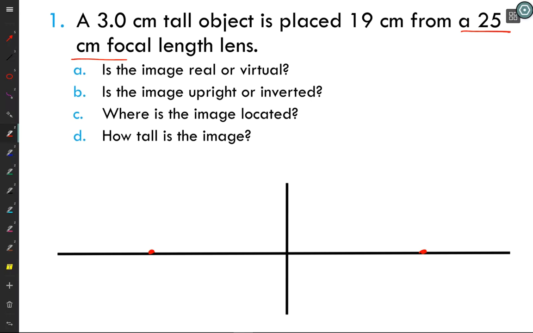It doesn't say plus 25, it says it has a focal length of 25, and you have to say, that's positive. So this is your principal and secondary focal points. And then finally draw your object.